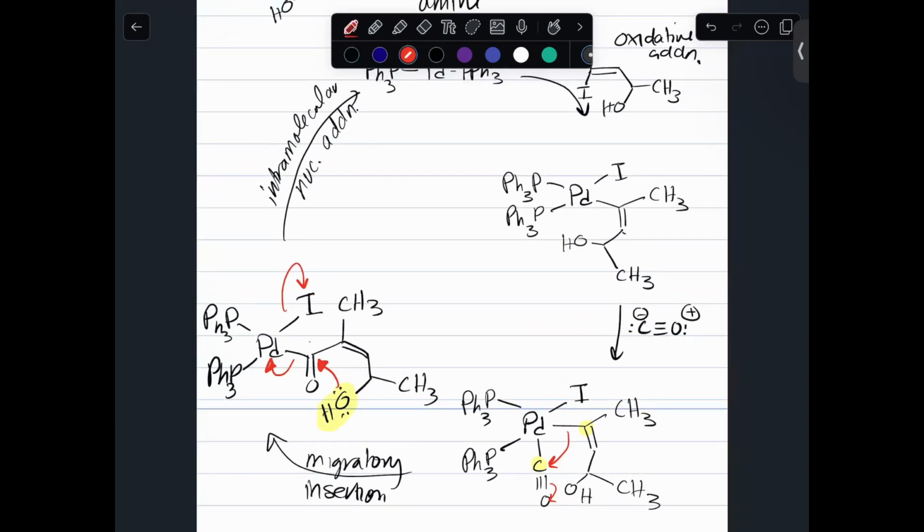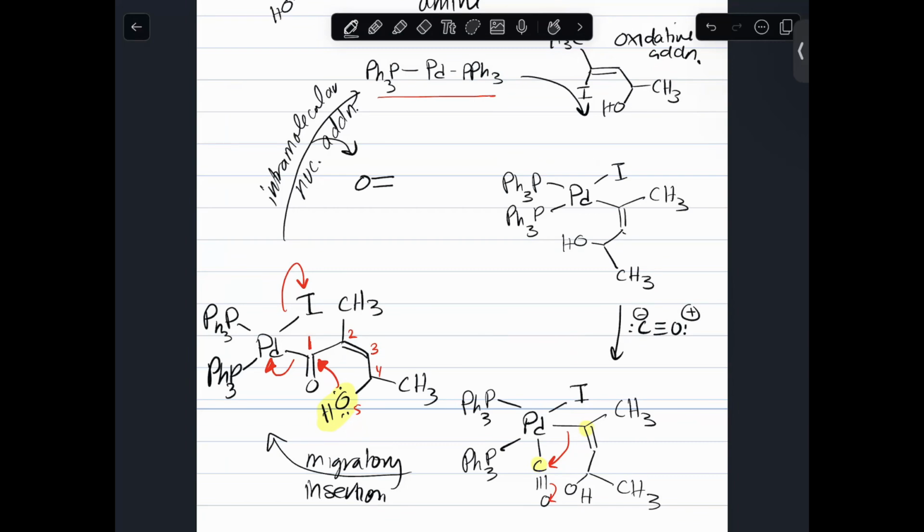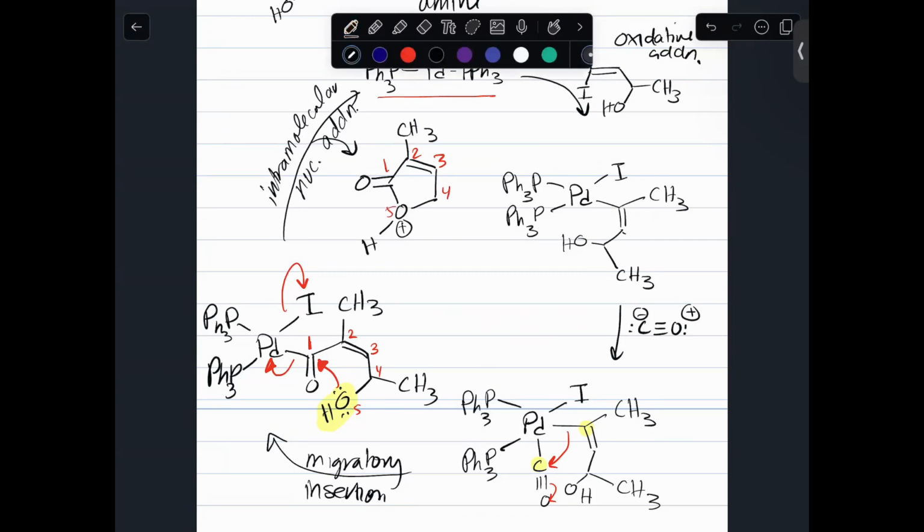So if you number your atoms, you realize that because oxygen 5 is attacking your carbonyl 1, you are going to form a 5-membered ring. So not only do you regenerate your catalyst, but you're going to form a 5-membered ring. And if you need to continue to number your carbons, then by all means do so, and your oxygen.